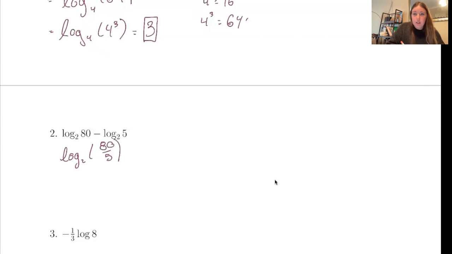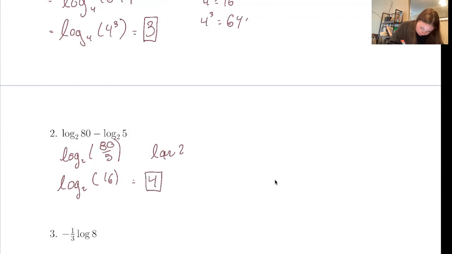And the one that's being subtracted from is the numerator. So this is law 2. So it's log base 2 of 16, which is 2 to the 4th. That's just going to be 4.